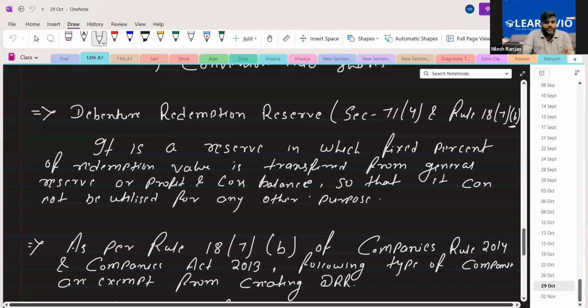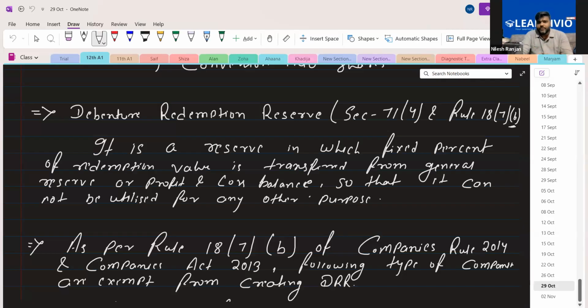So first it was in the general reserve or profit and loss account, which can be utilized for any purpose. So that's why we have transferred the balance from reserve or statement of profit and loss balance to the debenture redemption reserve.